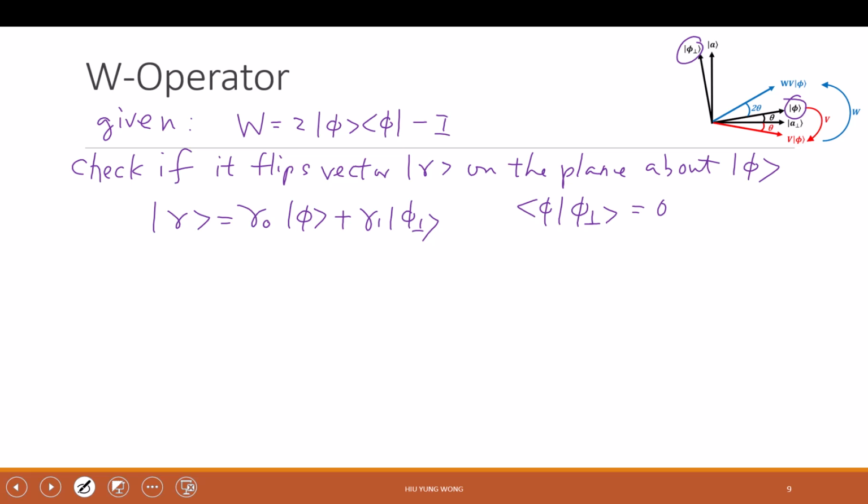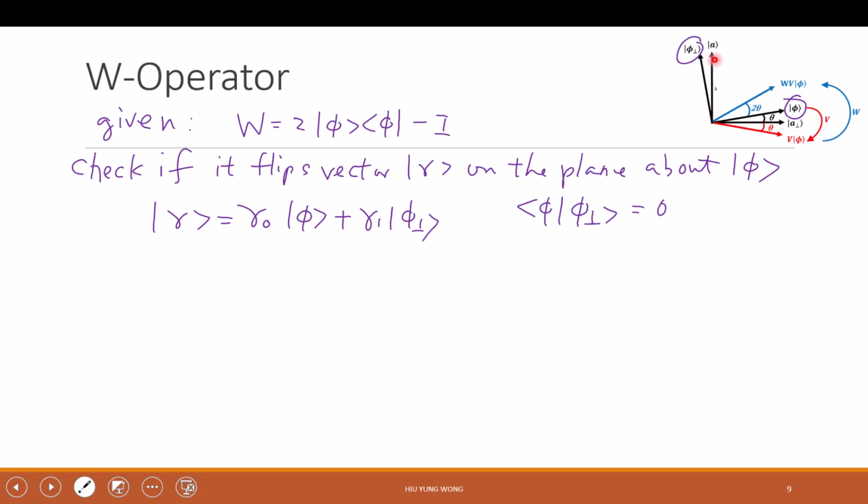We said phi is just an equal superposition of every basis vector, and earlier I claimed that it must be on this plane. And if I have phi, of course I just draw a vector perpendicular to it, and that vector is phi perpendicular. There are many phi perpendicular out of the plane also, but those are not what we are interested in, right? There are many vectors perpendicular to phi, but we just look at this particular phi perpendicular that is on this 2D plane. And of course, because of that, this forms another coordinate system.